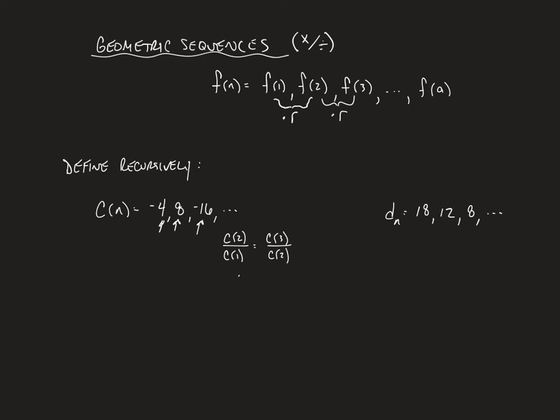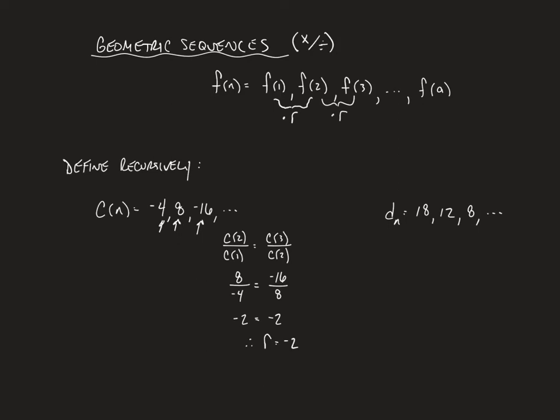So let's see, the second term is 8, and the first term is -4, and the third term is -16, second term is 8. If I do this division and simplify these, I get -2 and -2. So therefore, my common ratio is -2. That means that as this sequence progresses, it's times -2, times -2, times -2, and so on.